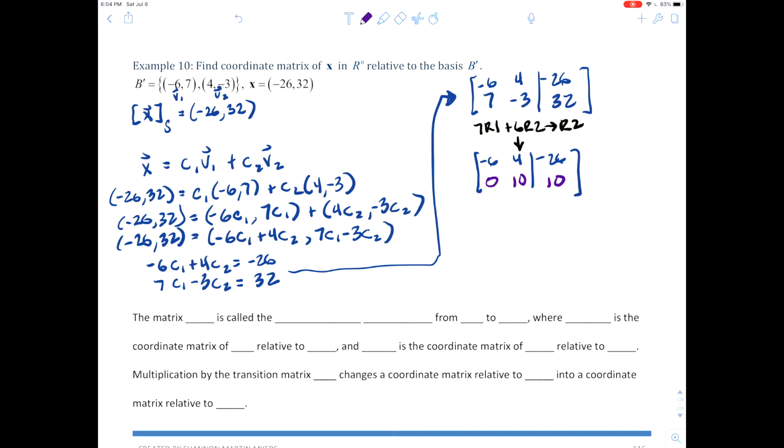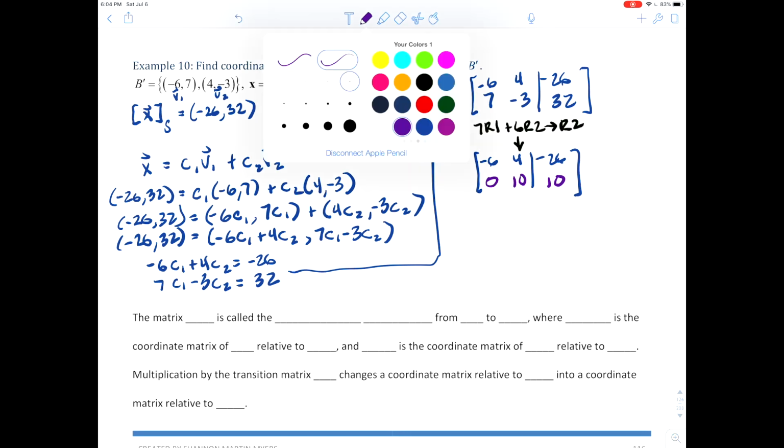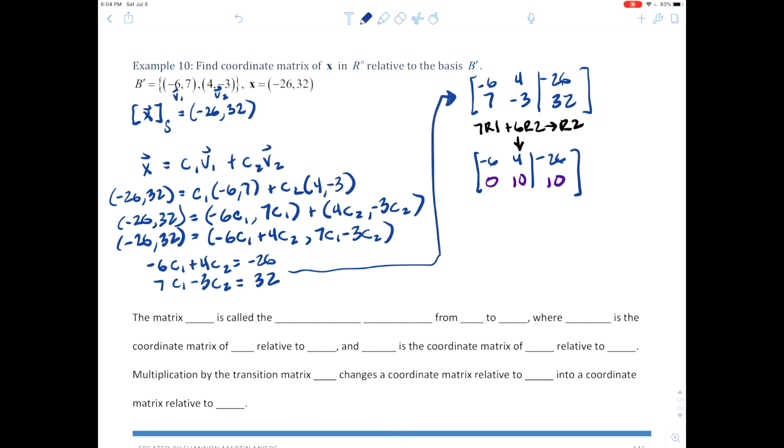We'll get 10 here. So my system will be negative 6c1 plus 4c2 equals negative 26, and then I'd have 10c2 equals 10.